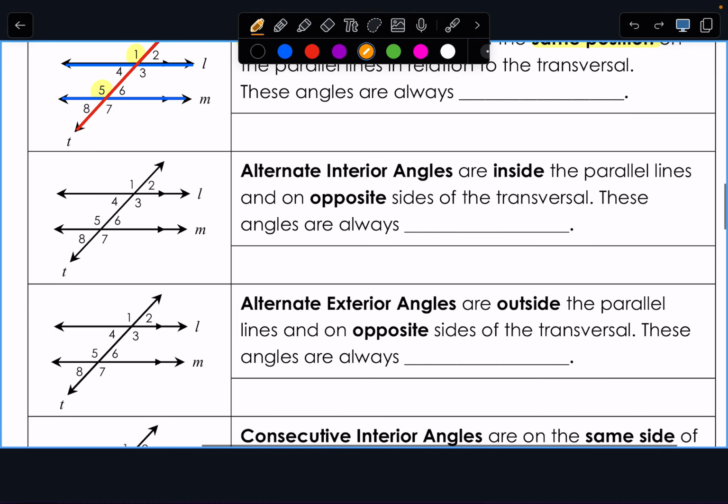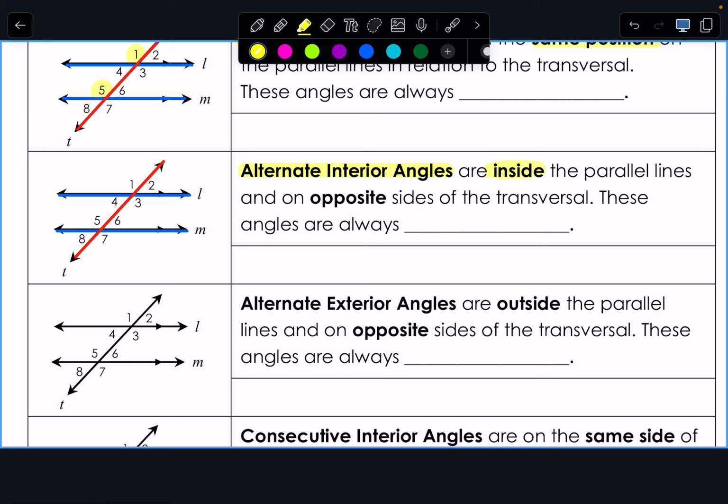Okay. You are now going to get your highlighter back out. Well, we weren't using it. Now we're going to use it. I want you to highlight alternate interior. Okay? Alternate interior. So interior is another word for what?